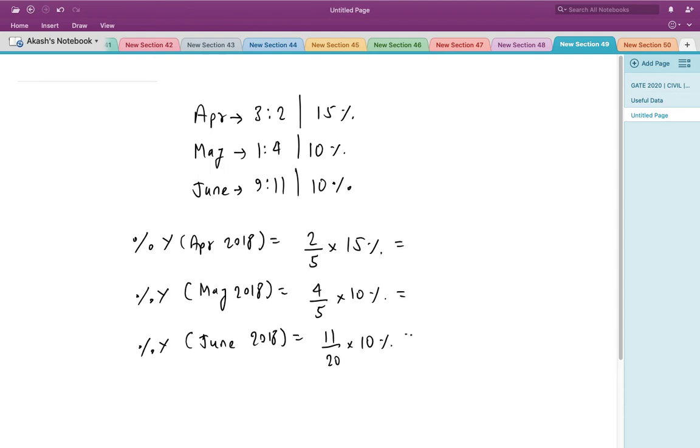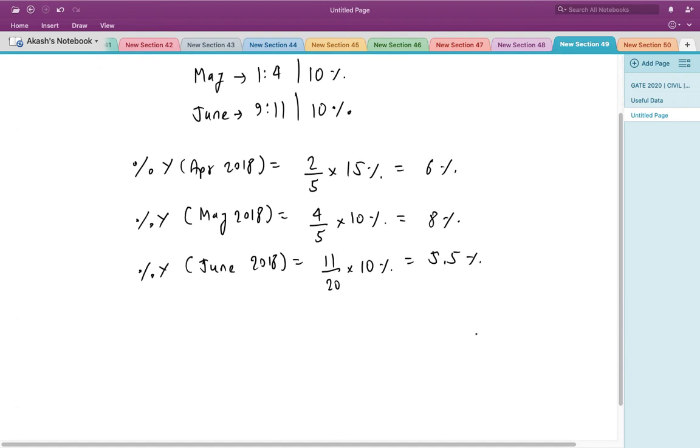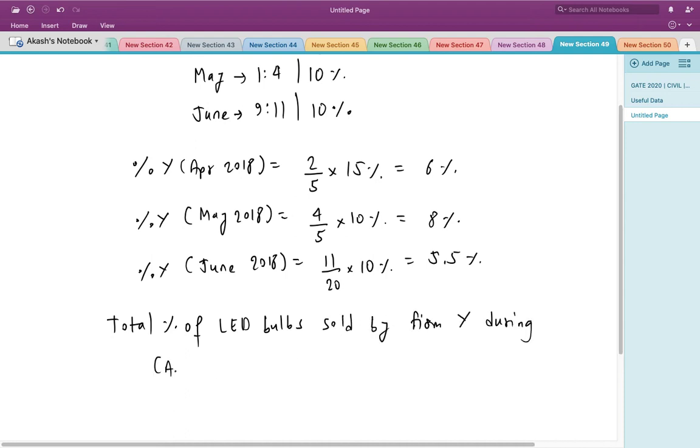So the corresponding values would be 6%, 8% and 5.5%. Now, if I add all this data, I would get the total percentage of LED bulbs sold by firm Y during April to June 2018, which is 6 plus 8 plus 5.5, equal to 19.5%.